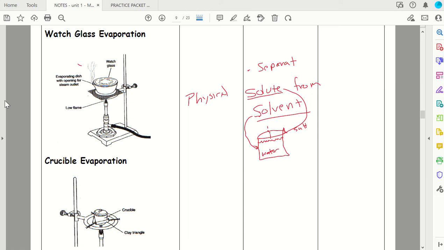You'll see this steam vapor. Well, that's when the solvent evaporates. And only the solute remains. It's limited precision.